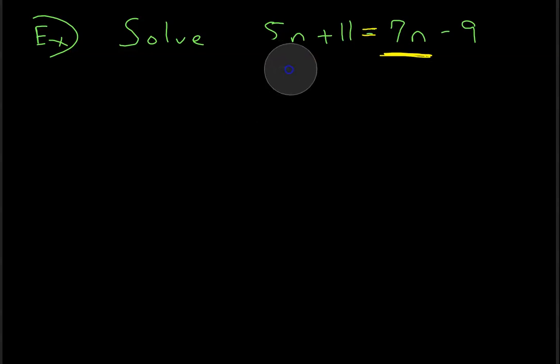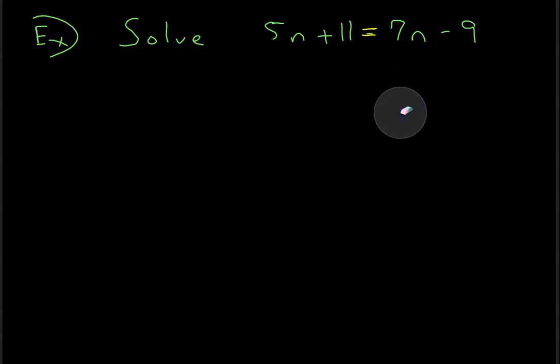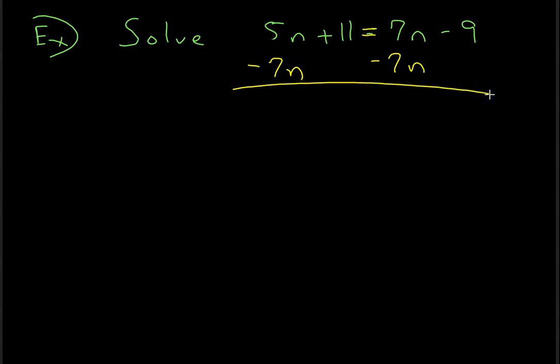So in order to do that, I've got to take one of them. Let's take the 7n and move it to the left. To move the 7n across the equal sign, I have to change the sign. I have to subtract 7n. The reason why is, if I subtract 7n, it cancels out the 7n on this side. 7n subtract 7n becomes 0.